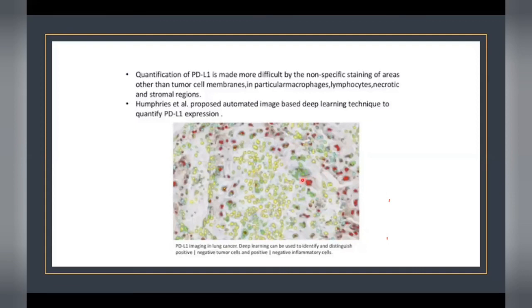It can label the tumor tissue from the non-tumor tissue, and in the non-tumor tissue, it can tell you which one is significant and which one is non-significant staining area. And the tumor tissue is correctly highlighted, and you will get an accurate score coming out of it.